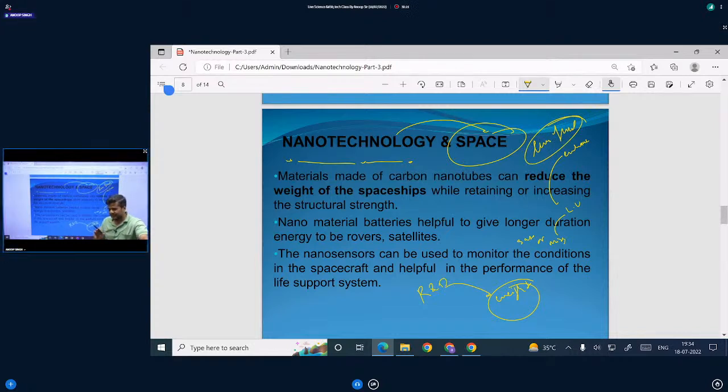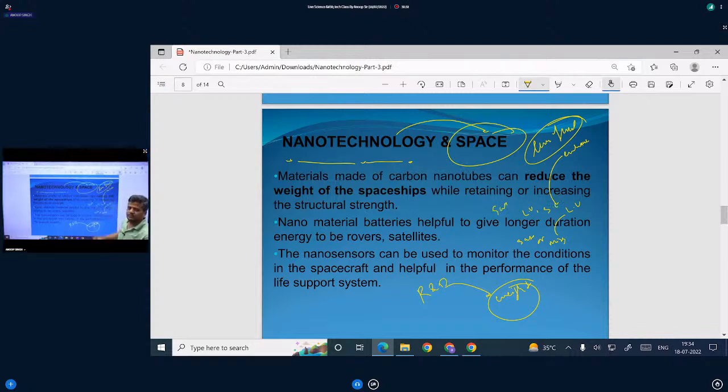So that's why weight is an important parameter, or you can say factor, in any particular space mission. With the help of these nanomaterials, we can reduce the weight of the launch vehicle, or spaceship, or satellite.